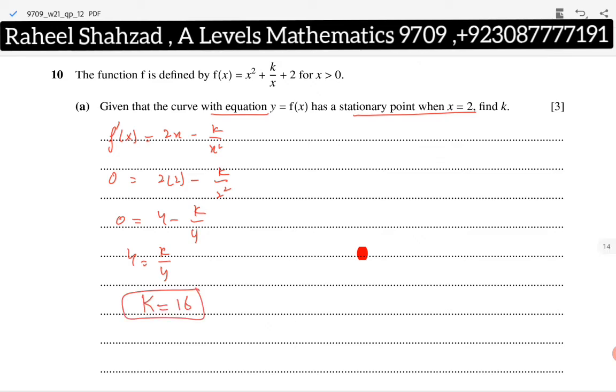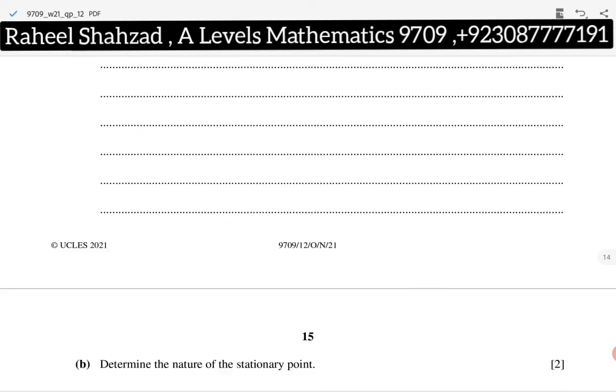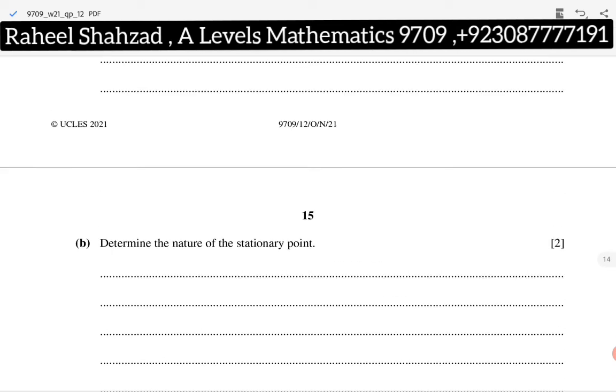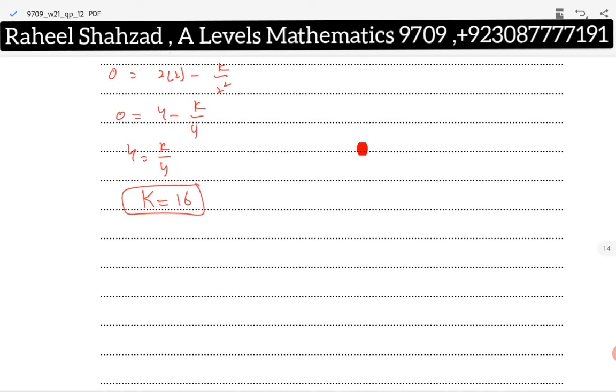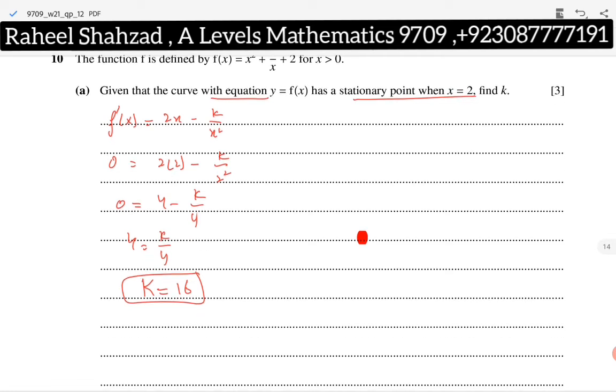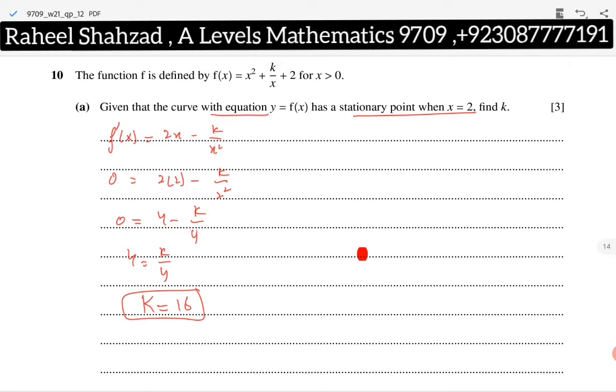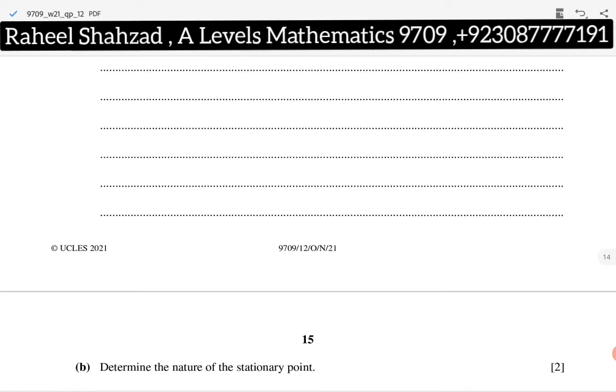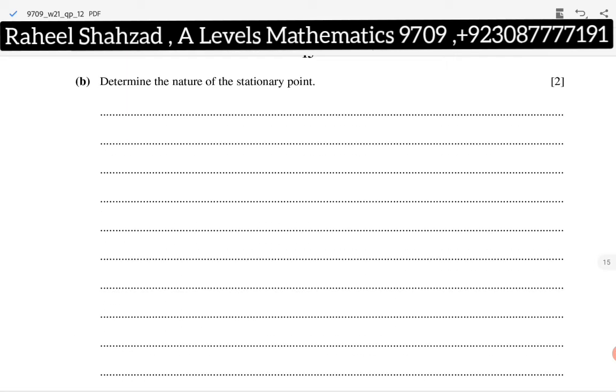Okay. And in next part, determine the nature of the stationary point. So in order to find nature, obviously we need to find second derivative. So it's 2x minus 16 divided by x square.